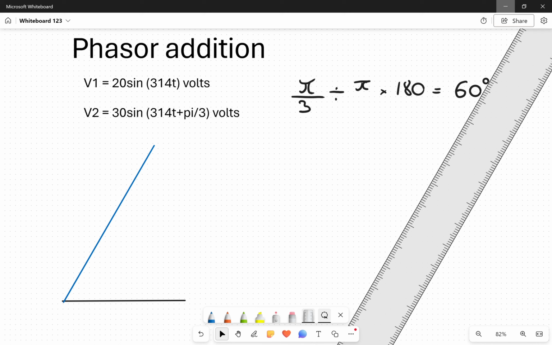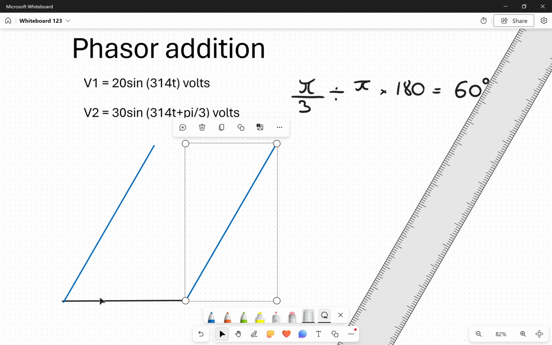Now, you need to draw parallel lines associated with V1 and V2. Now what that basically means is, for me, I can copy and paste the lines. You guys are going to have to draw your lines in at the exact same length and the exact same angle.